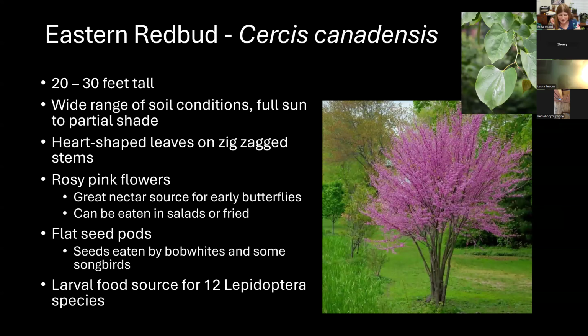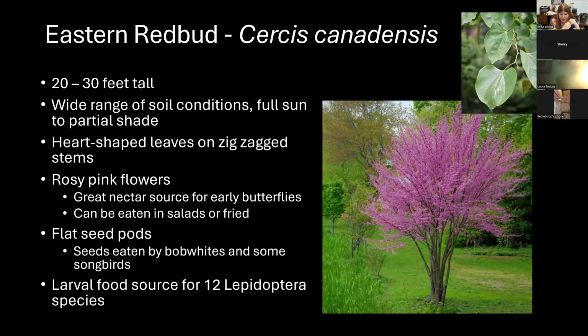This is one of our native, more understory trees that are found in a lot of our woodlands. Of course, if you live here in Kentucky, you're going to find them growing alongside the highways, on the edges of fields. And you'll easily be able to recognize that it's a redbud because the foliage in this top picture is more of a cordate leaf, or more of a heart shape.